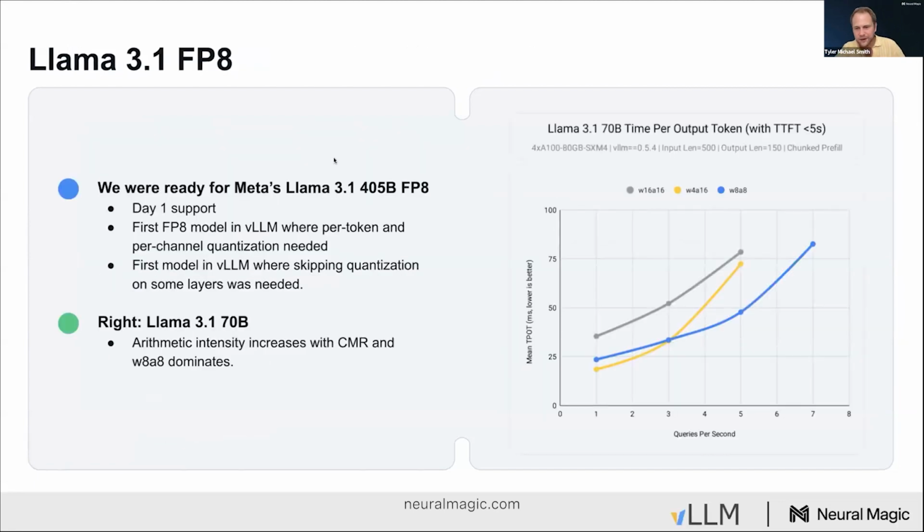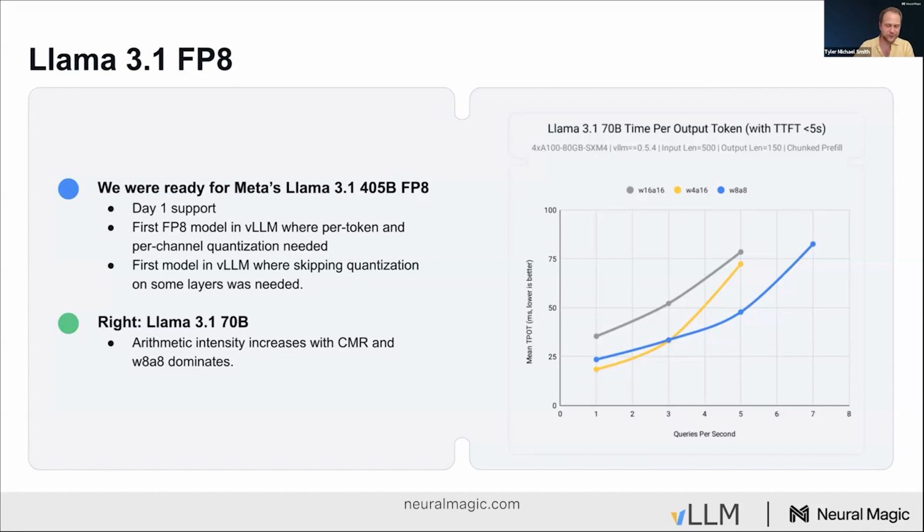Here are some end-to-end numbers. The thing I want to say is that we put all this work in specifically to handle asymmetric quantization, and per channel, per token quantization. The first model where we actually needed this for FP8 was Meta Llama 3.1 405B.